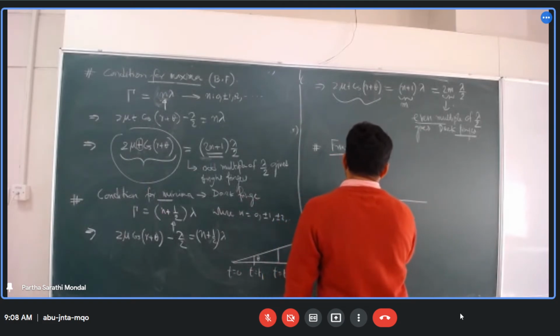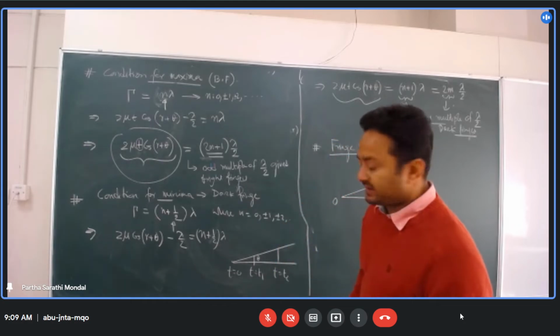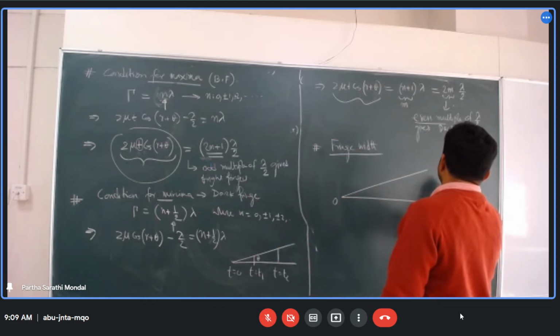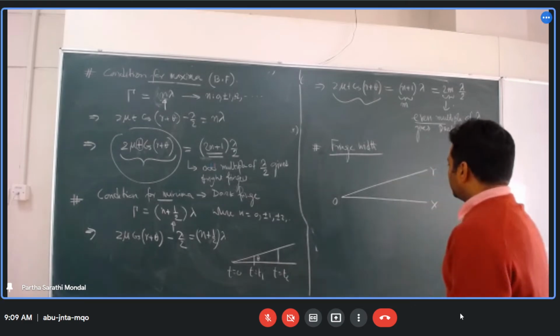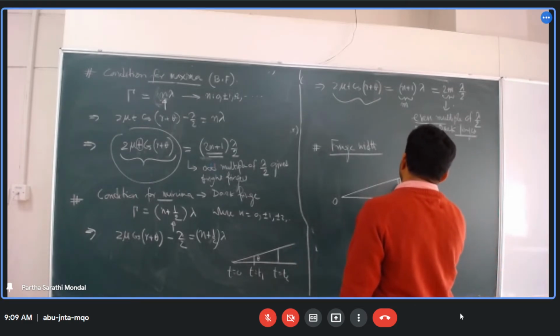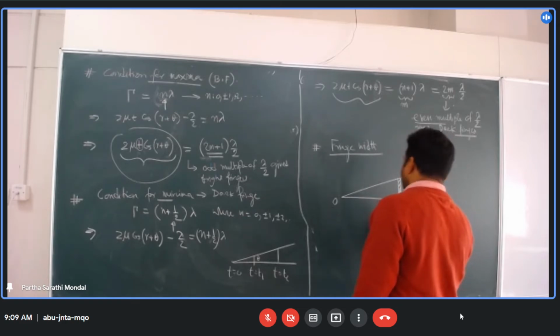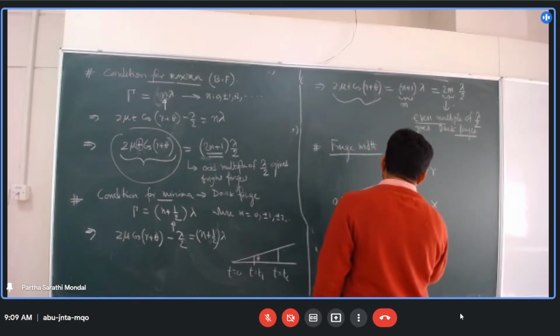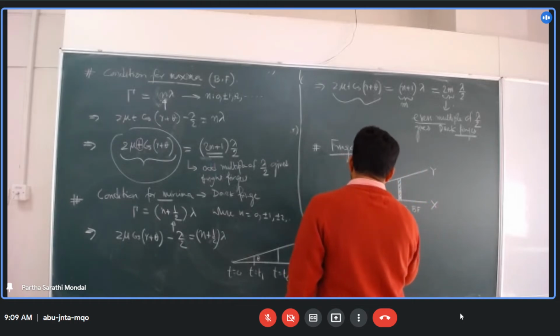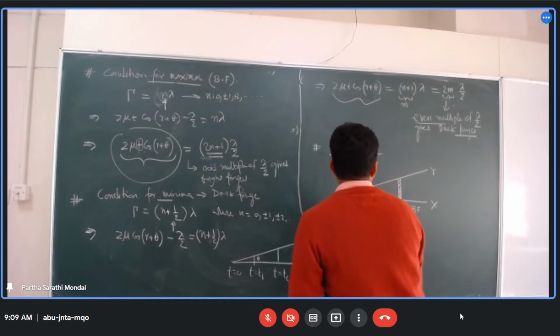Let's say the position of the nth bright fringe is situated at a distance xn from O, and this is the wedge angle theta.